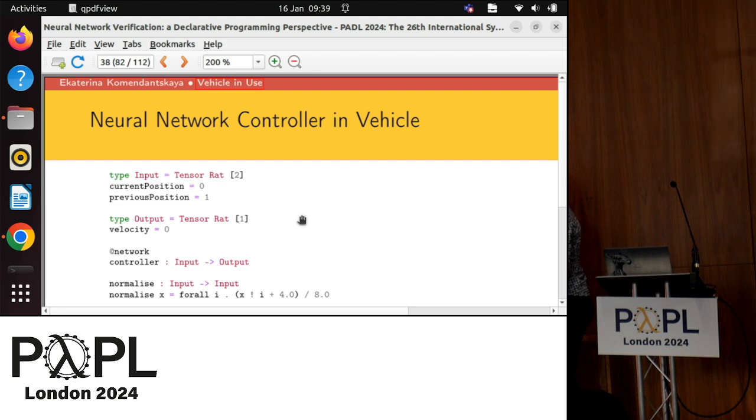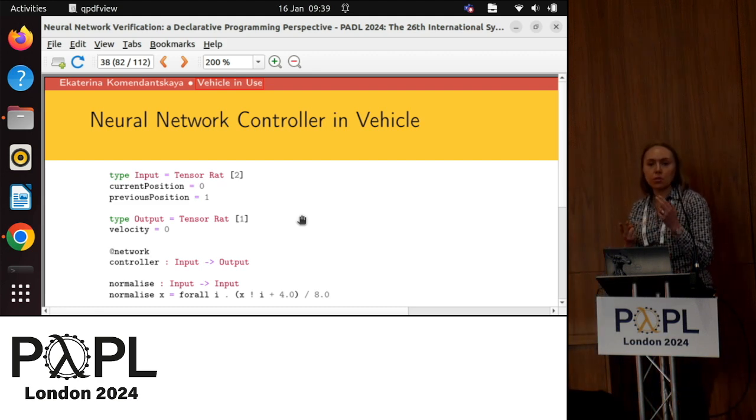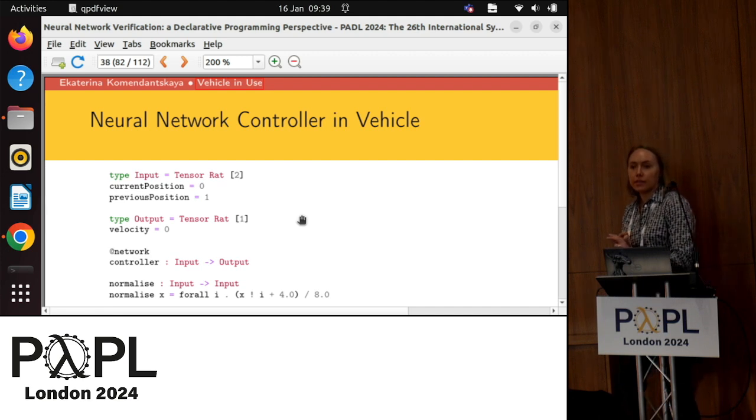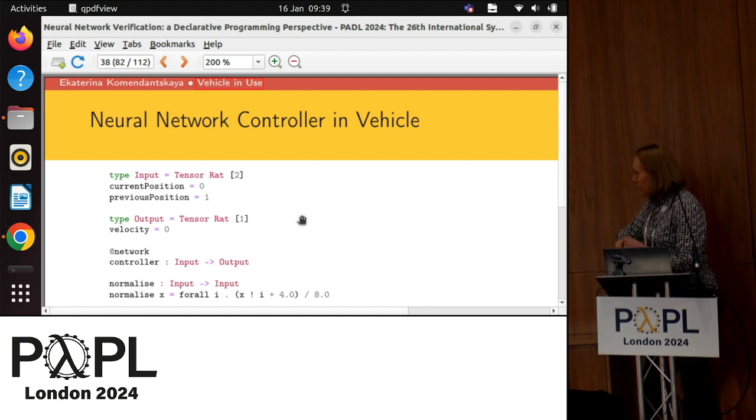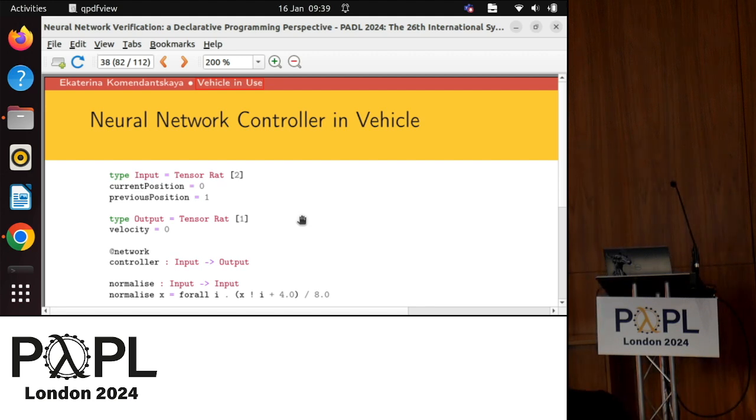You state the property of a neural network. In our case, the neural network, remember, was taking 2 inputs, previous state and current state, and was outputting the advice of what to do with velocity, how to change velocity. So we just state that. We have 2 inputs to the neural network, and that's the type of its input. It's a vector of size 2, and we have a vector of size 1 as an output.